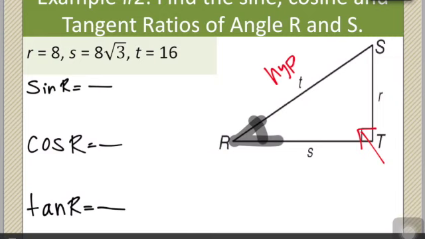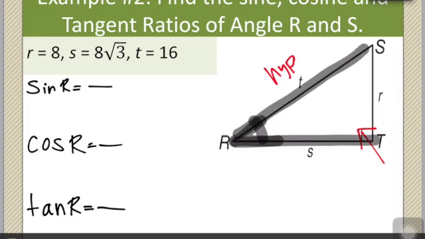So if we're looking at angle R, angle R never touches side R. That means side R is going to be the opposite side. And then S is just going to be the leftover side, so this is going to be the adjacent side.